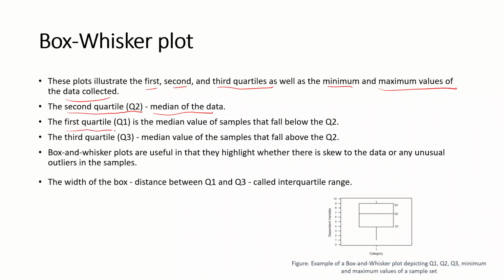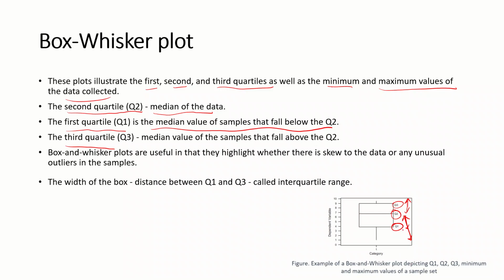The first quartile Q1 is the median value of the samples that fall below Q2, and the third quartile Q3 is similarly the median value of the samples that fall above Q2.